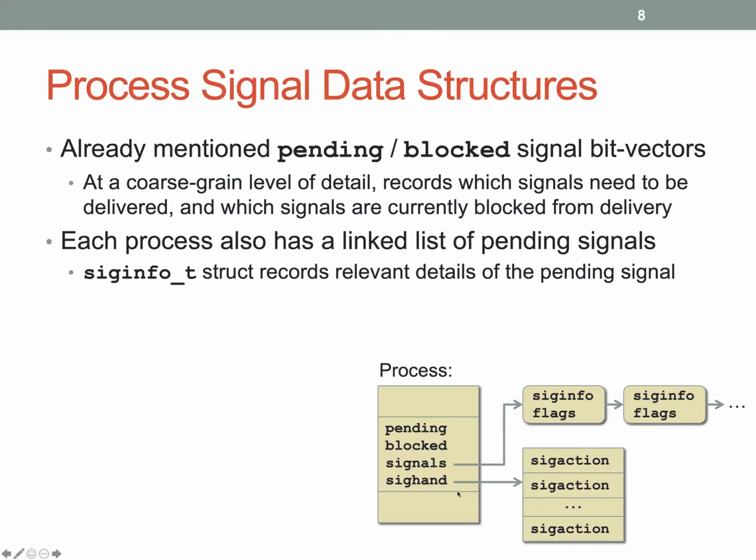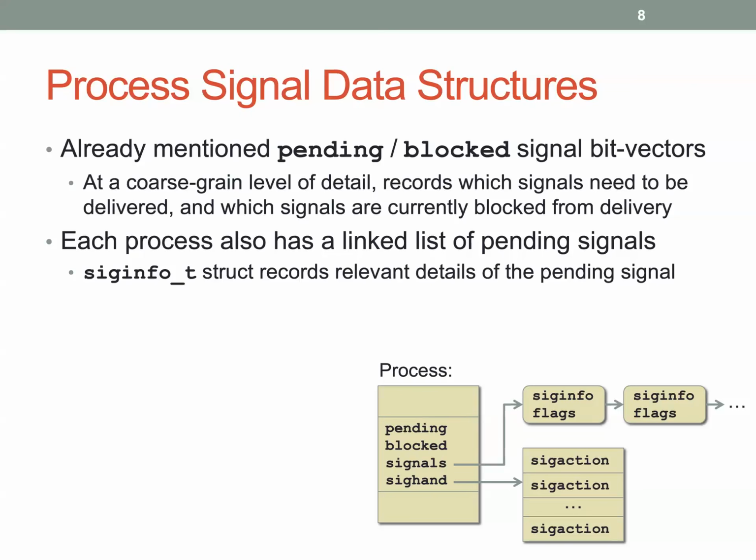And so that's a SIG-hand array. And this array contains an entry per signal type. And it'll have things like, what's the handler to call? Is it the simple handler or the sophisticated handler? Is there other configuration that I need to know about? Also, it'll have things like, should I use default signal handling responses for this kind of signal?